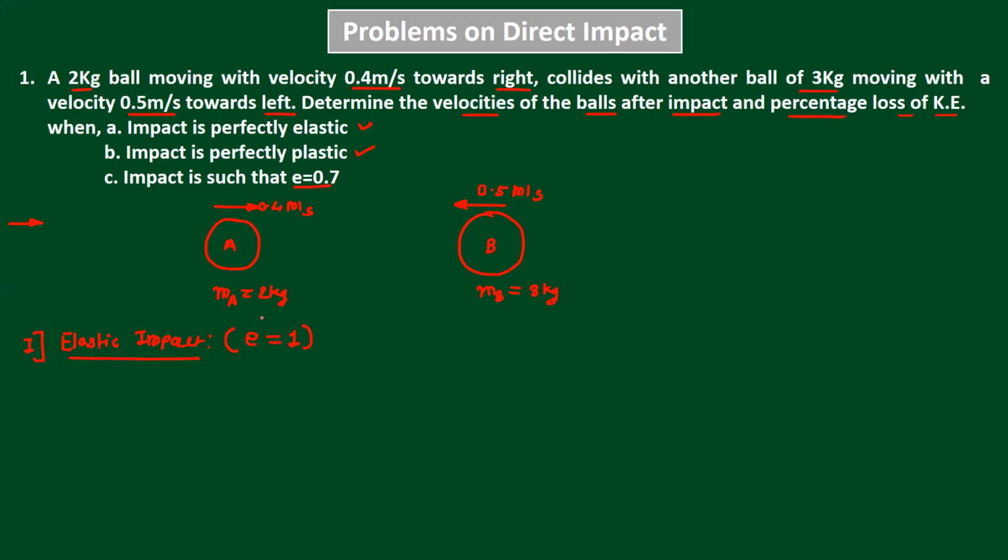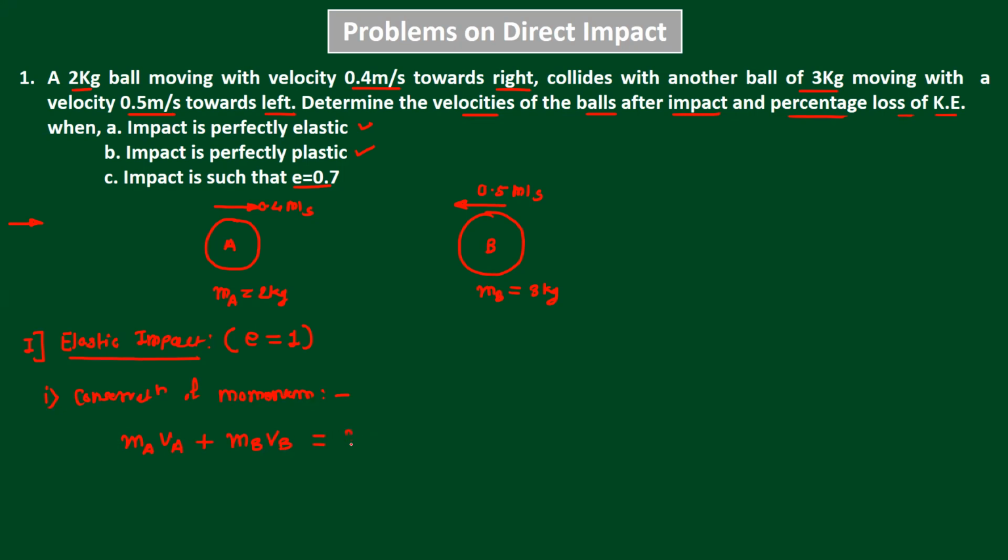Now when we solve the problem on impact, we have to use two equations. The first equation is conservation of momentum. The initial momentum of the system, MA VA plus MB VB, is the total momentum before impact.